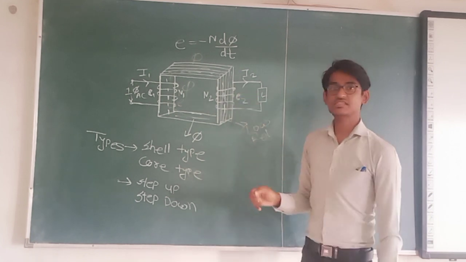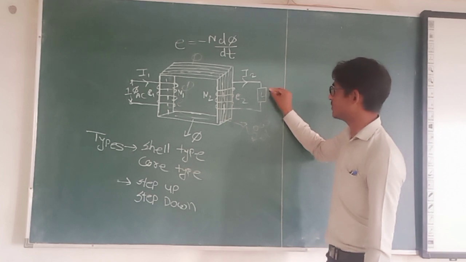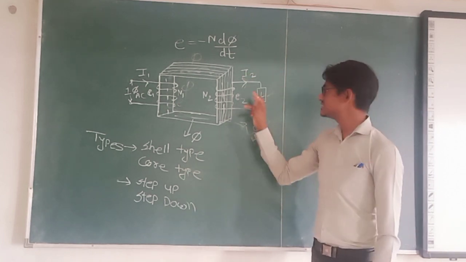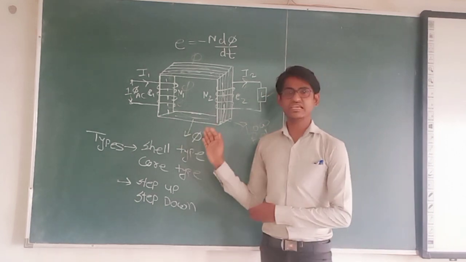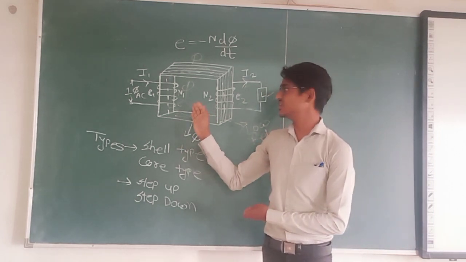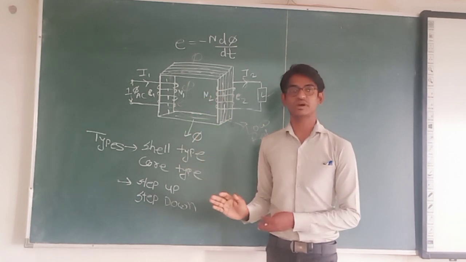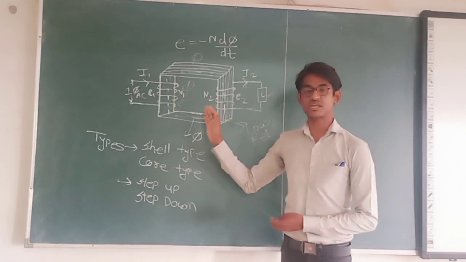And as we provide a closed path on the output side, that is the load L, the current I2 starts flowing from the secondary to the load. So this is the basic construction and working of any single phase transformer, and it works on the principle of electromagnetic induction.